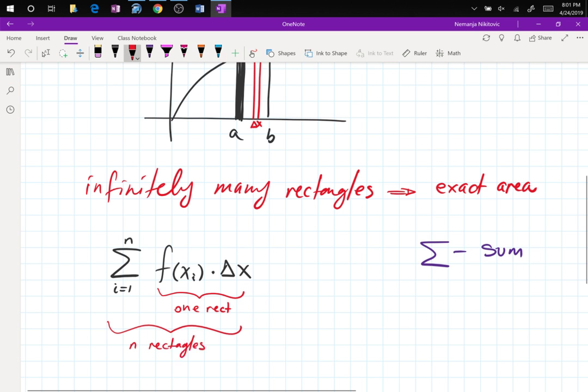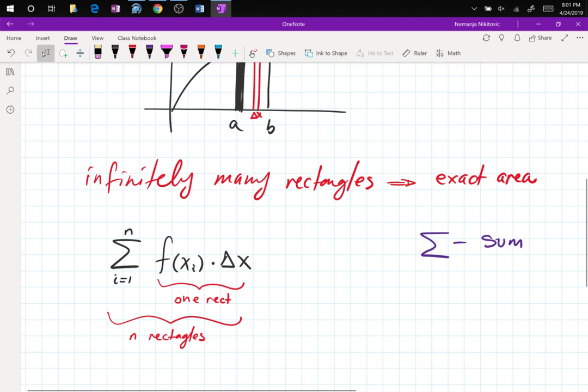So I have area of a single rectangle, and now with this summation, I have the area of the many rectangles. Guys, this over here is equal to your 5.1, because 1 to 6, that's 6 rectangles. 1 to 10, 10 rectangles. 1 to a million, million rectangles. Finite amount of rectangles with this sum. And I'll explain the sum as soon as I'm done with this formula.